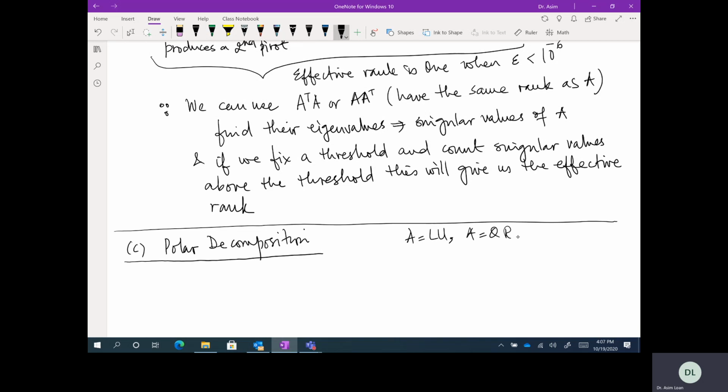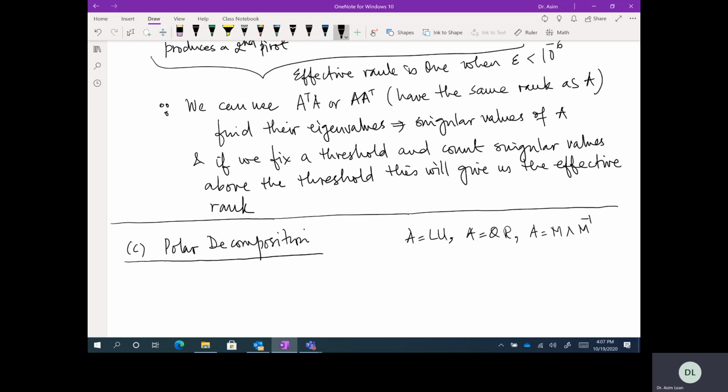And we also know we can write a matrix in terms of M inverse A M. So in general, I can write it in terms of the Jordan form too.